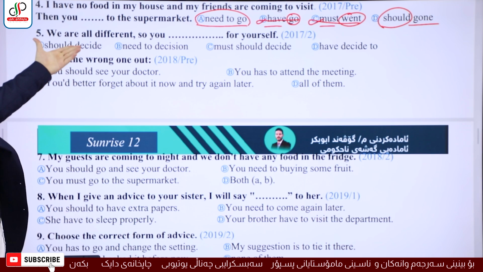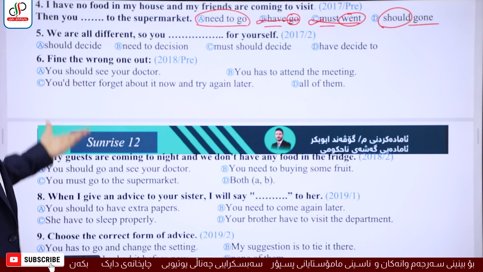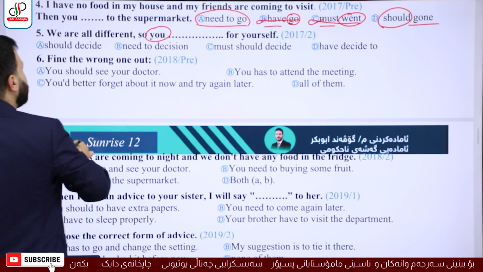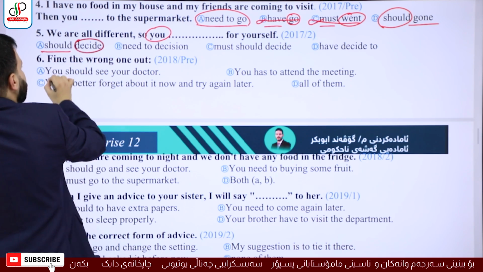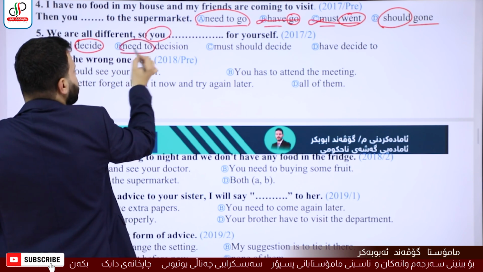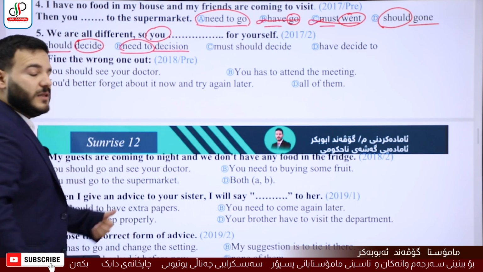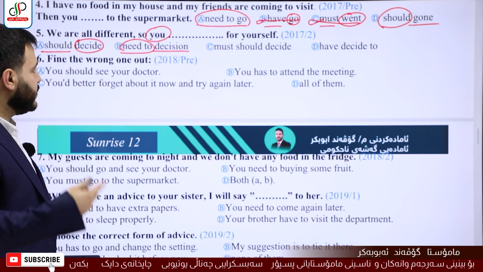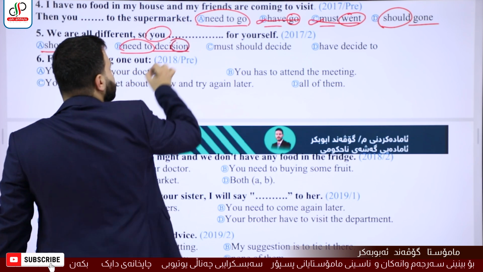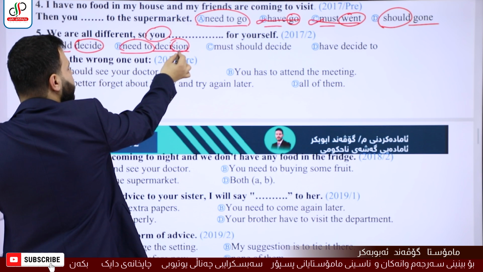Number 5, we are all different, so you blank for yourself. In that case, we have a plural subject and should decide, yes, it's modal plus base, it's right. How about this one? It's a modal plus decision. Decision is a noun form, just like television, vision, revision. S-I-O-N is a sign of noun. It's not a sign of base.